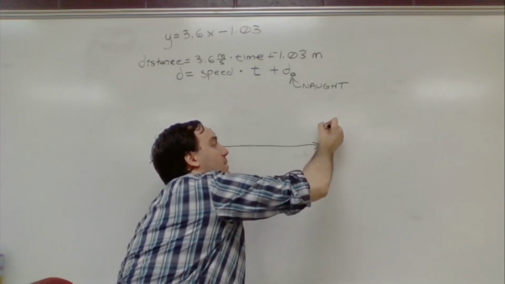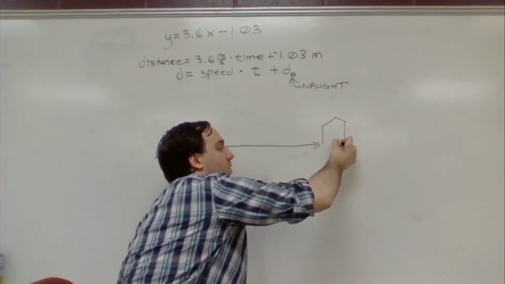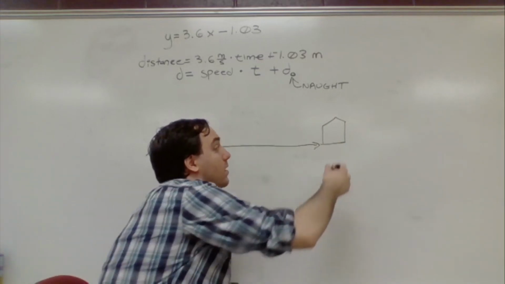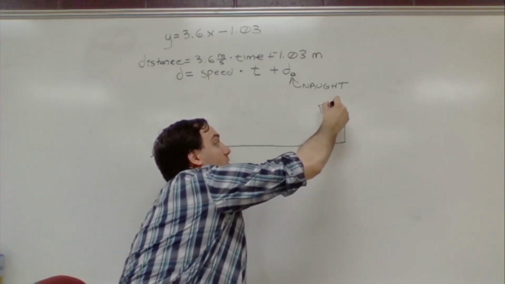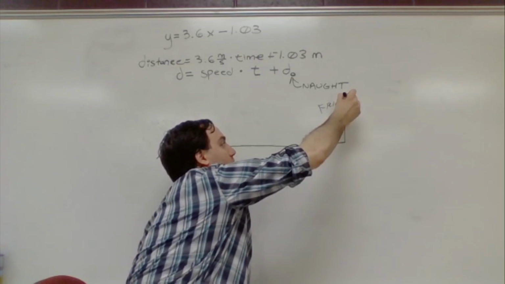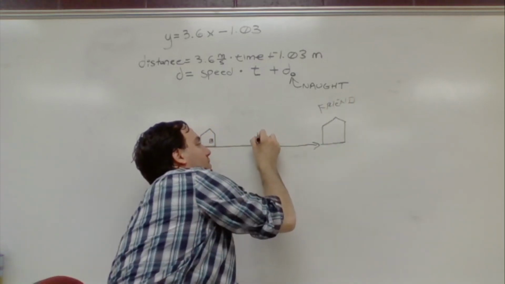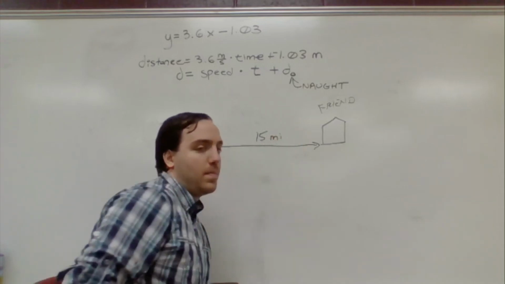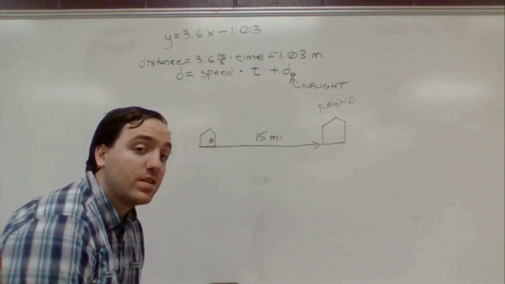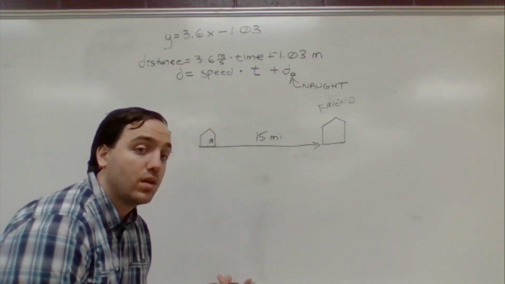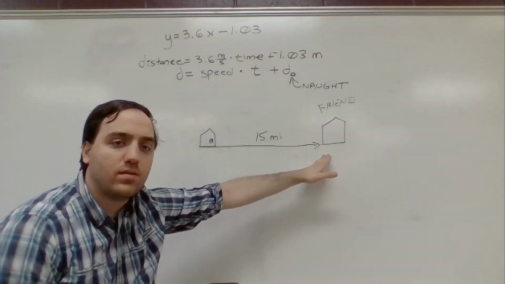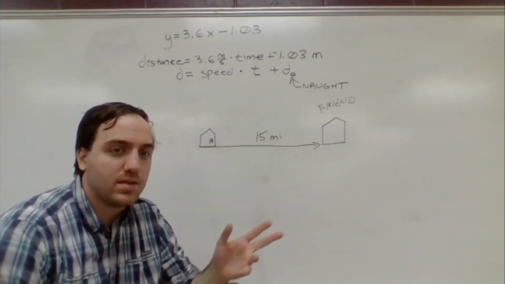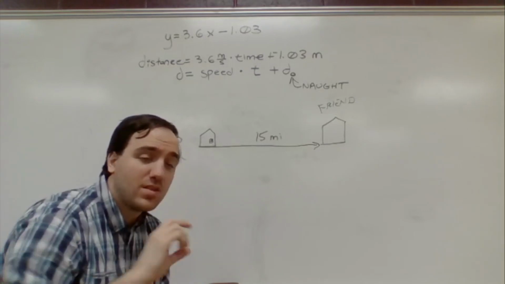The units aren't particularly important for this analogy, though they are important for the math. Is a friend's house. This is 15, say miles, for the sake of argument. How far is it from your house to your friend's house? 15 miles. Easy peasy.